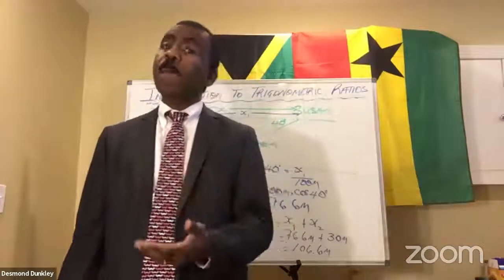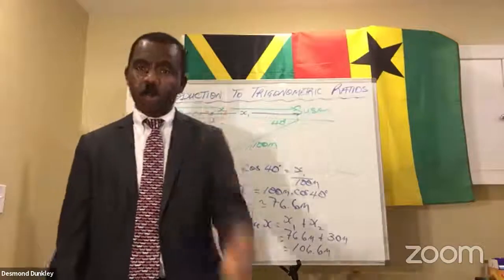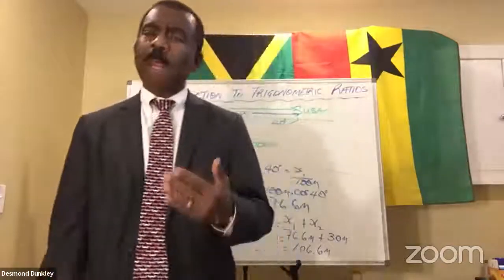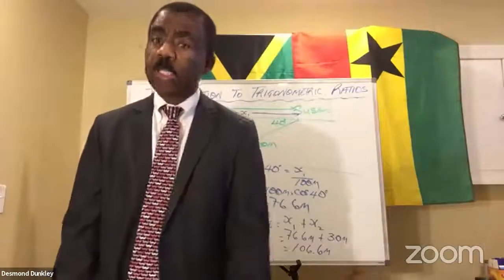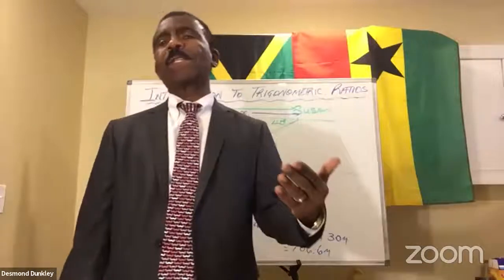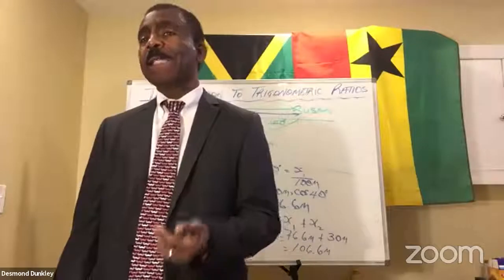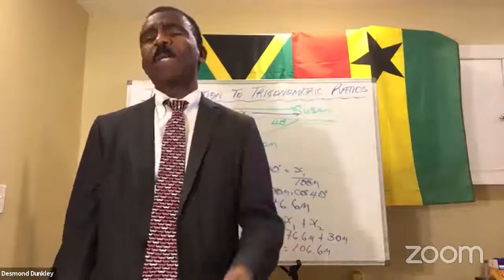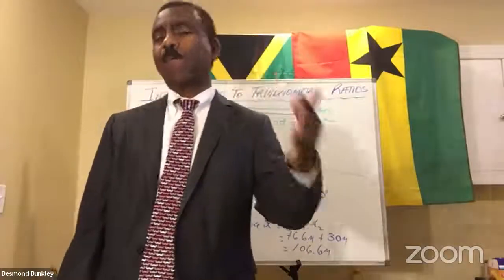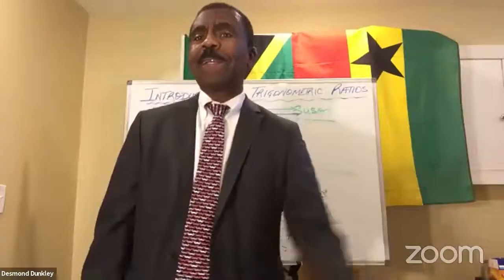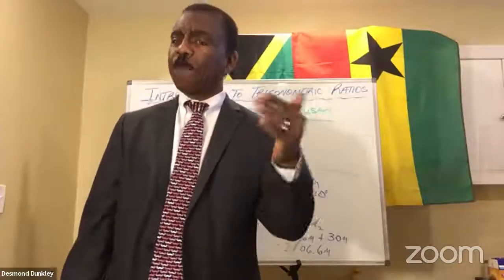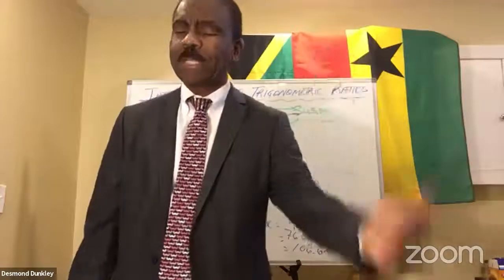I also gave you the mnemonic SOH CAH TOA as a way of remembering the trigonometric ratios, where SOH is sine is opposite over hypotenuse, CAH is cosine is adjacent over hypotenuse, and TOA is tangent is opposite over adjacent.